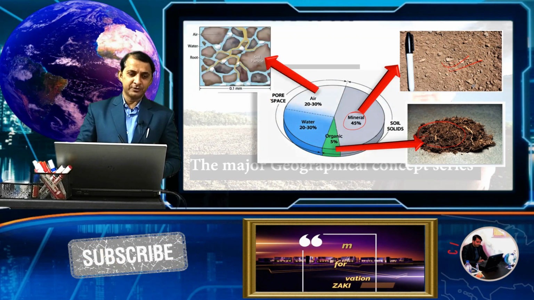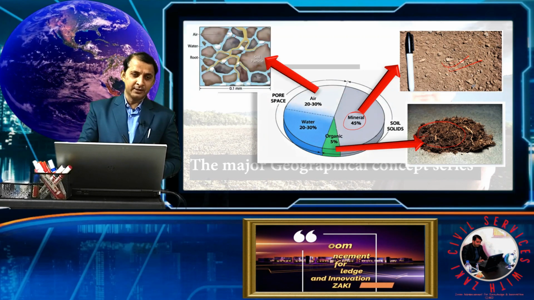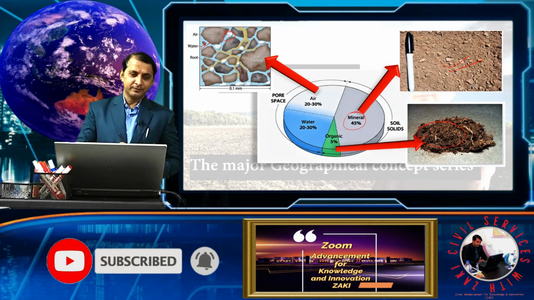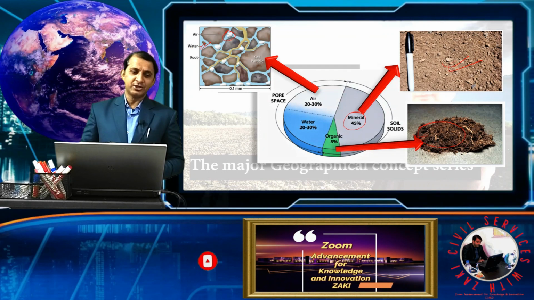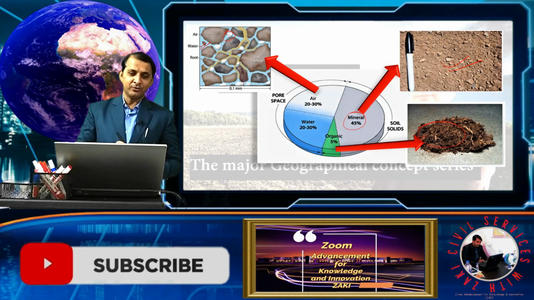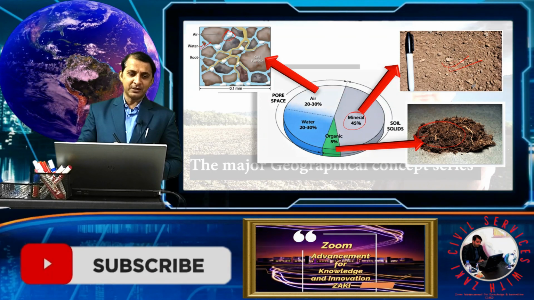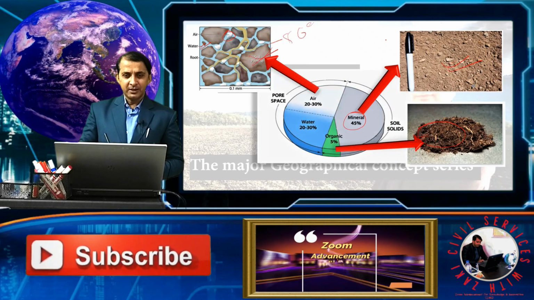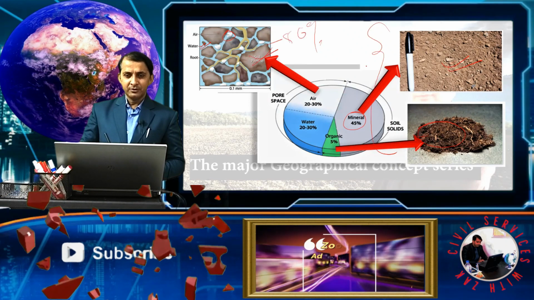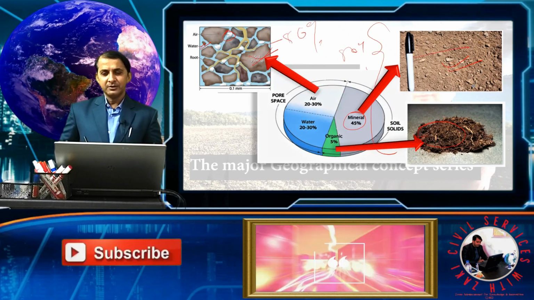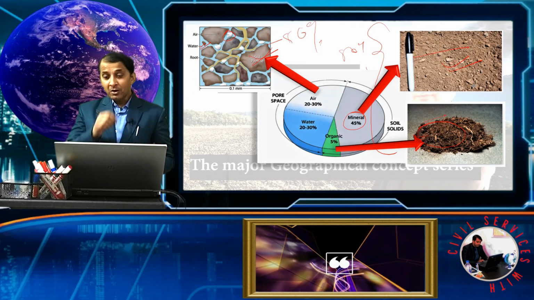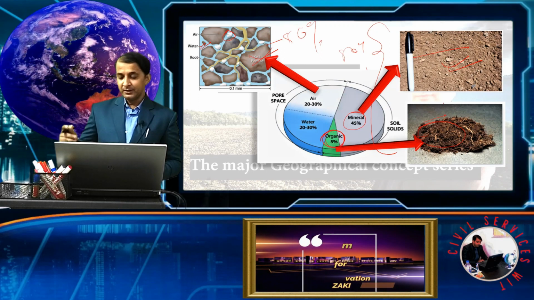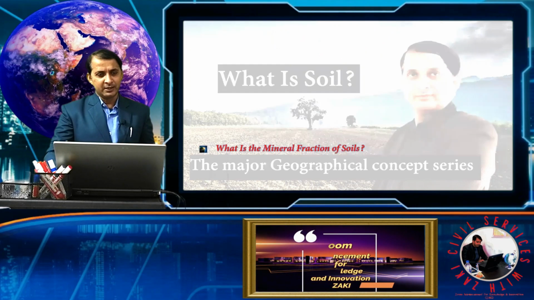Pore space contains air, pore space contains water, and such grains of the soil, and you find plant roots present here. So 50% is pore space and 50% is these 2 things, parent rocks and organic material, but organic material only contains 5%. Remember that.